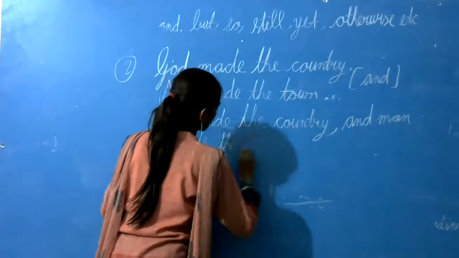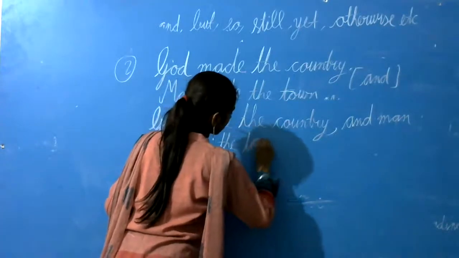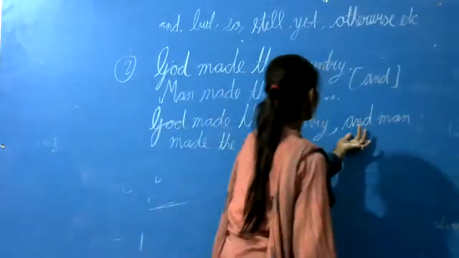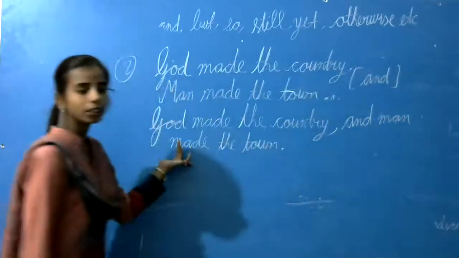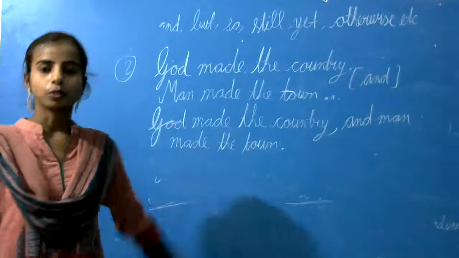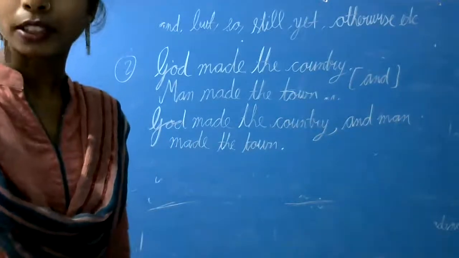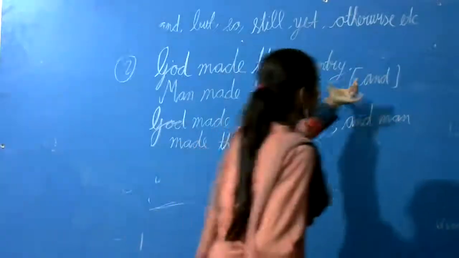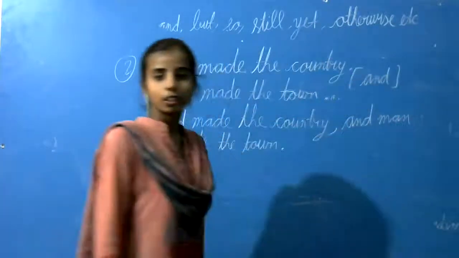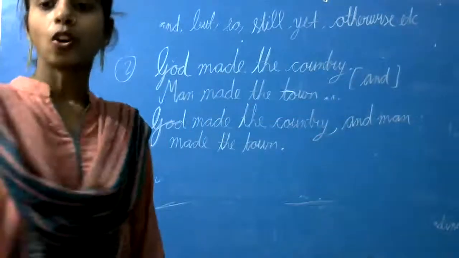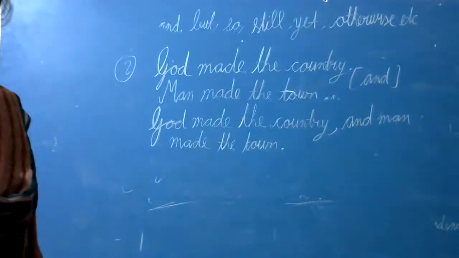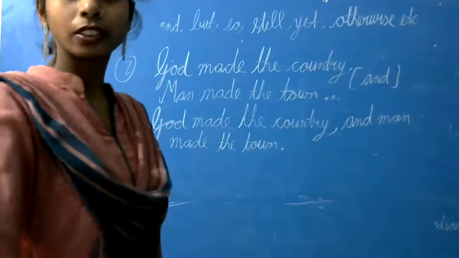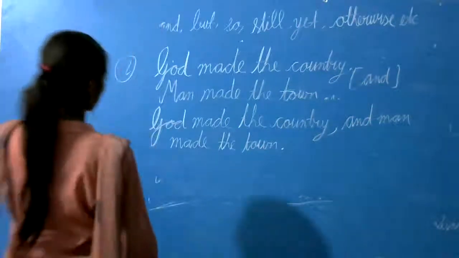Now this is also an example of a compound sentence. See, by using a coordinating conjunction, I have converted this sentence into a compound. Okay. God made the country but man made the town. But नहीं, मैंने कहा and conjunction का use करते हुए. Okay, Avnish. God made the country and man made the town. Yes, correct, Avnish. Hitesh, your answer was not correct.